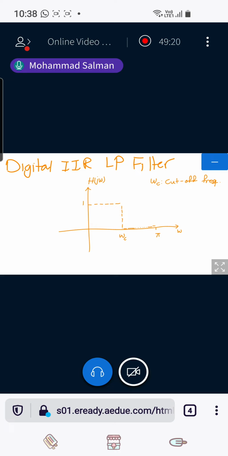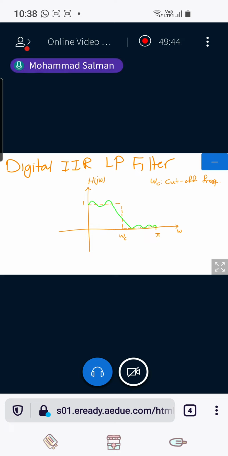where in reality, in real life, as we said before, nothing is ideal. So in reality, the filter does not look like this. In reality, the magnitude response looks like this.